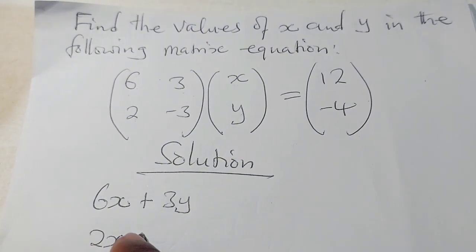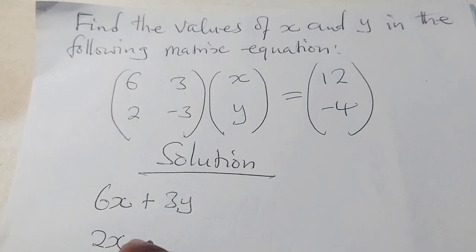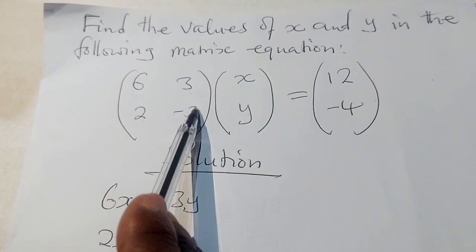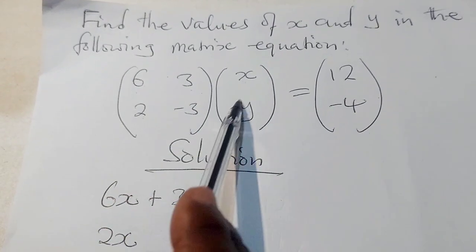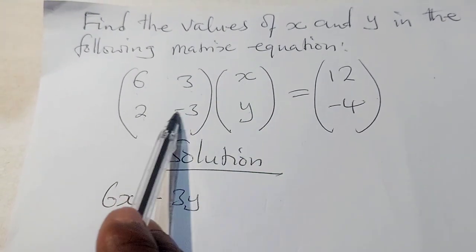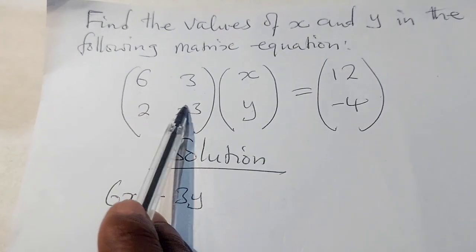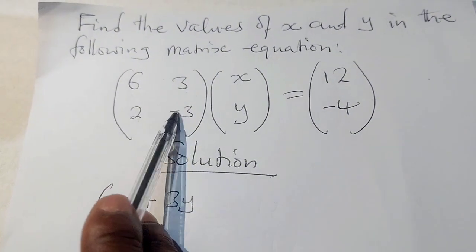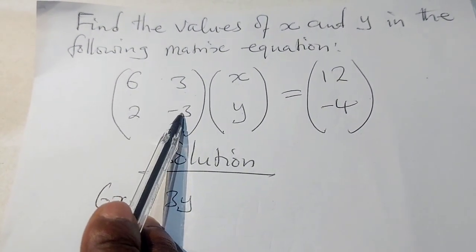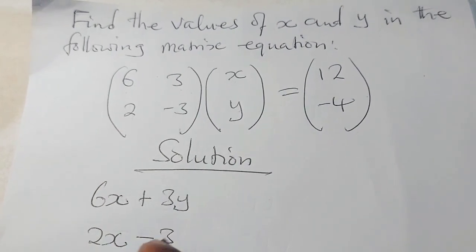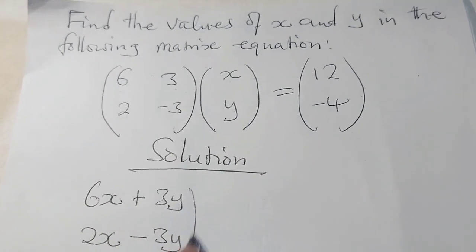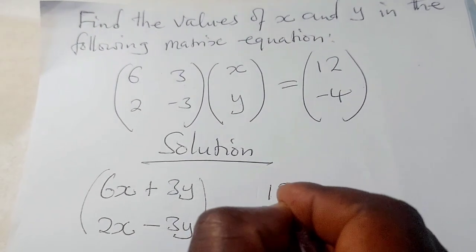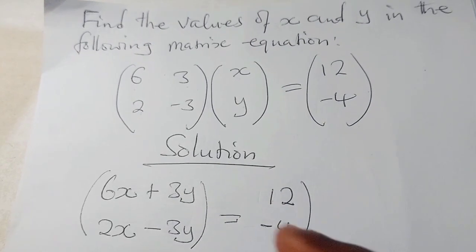Here we're going to have positive as well, plus the answer we get after multiplying this one with this one. But here we have a negative sign, so it will take the sign of negative, because when we multiply negative with positive, the answer is always negative. So it's negative 3 multiplied by y, it will be minus 3y.